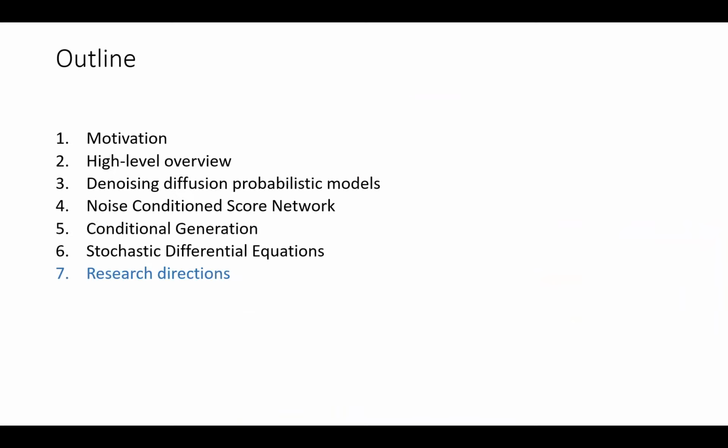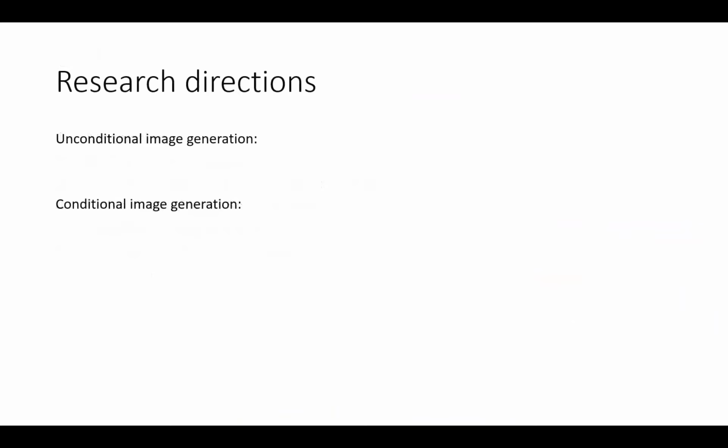Just one more slide. As we have discussed so far, we have unconditional image generation and conditional image generation. The important thing is image quality, how realistic the images are, and that's a surprising thing. Everybody's after that.